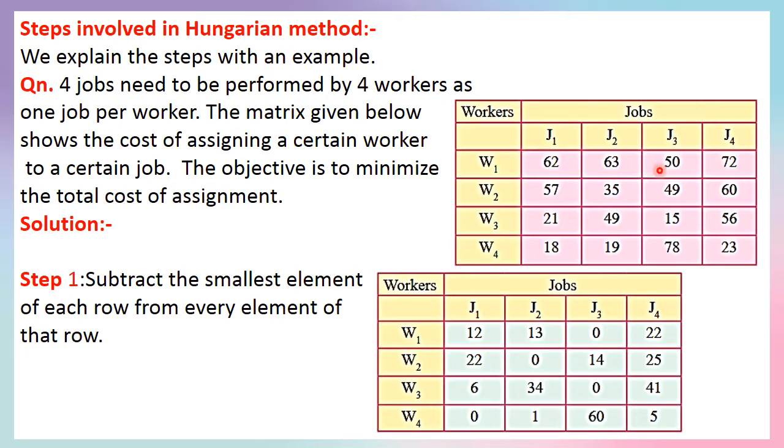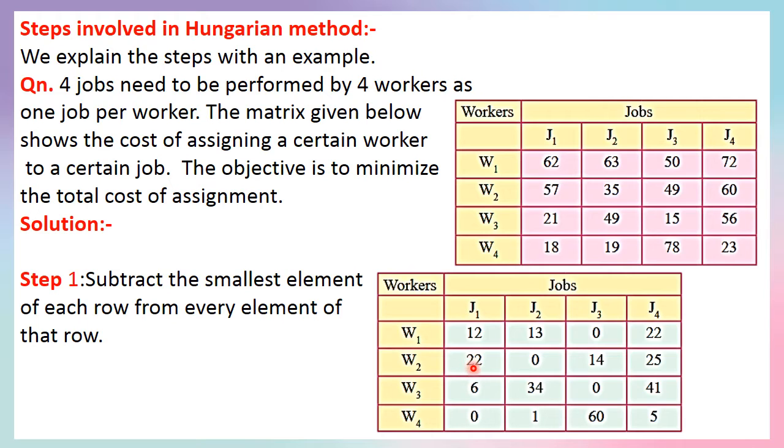Here the first row smallest element is 50. So we will subtract 50 from each element of the first row. So we will get 62 minus 50, that is 12. Then 63 minus 50, 13, and then 0, 22. Similarly, we will do the same process for each remaining row.